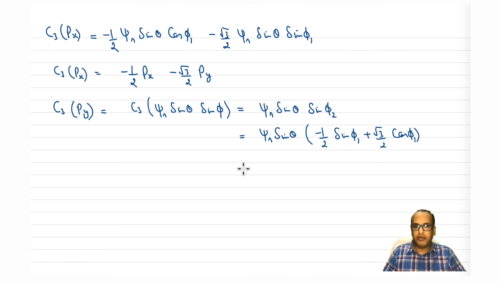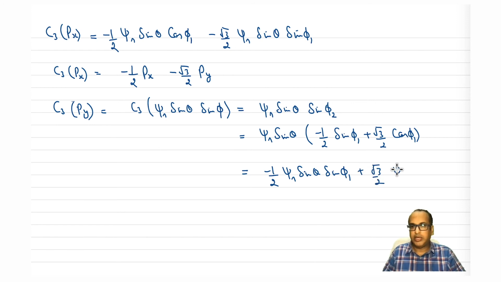Okay. Now if you expand this, what do you get? Minus half psi r sine theta sine phi 1 plus root 3 by 2 psi r sine theta cos phi 1.